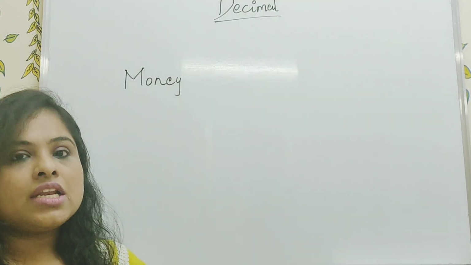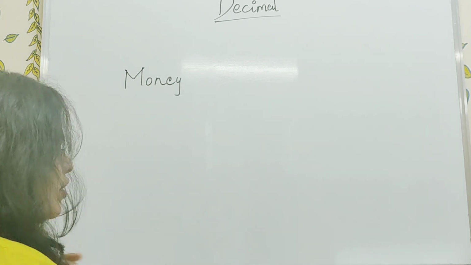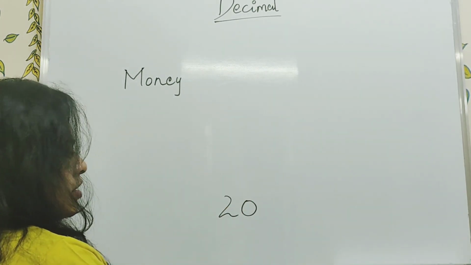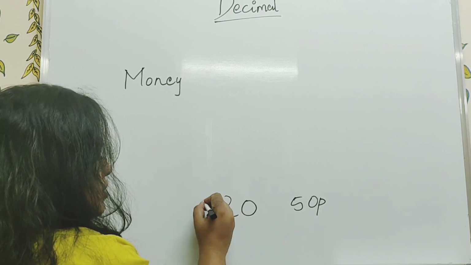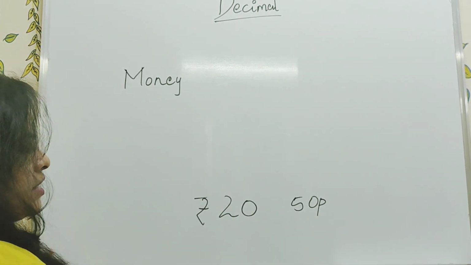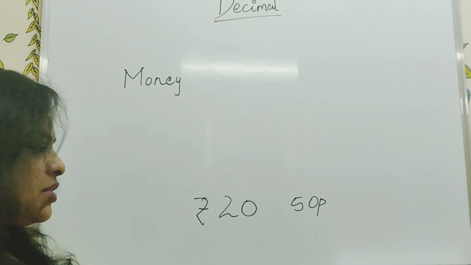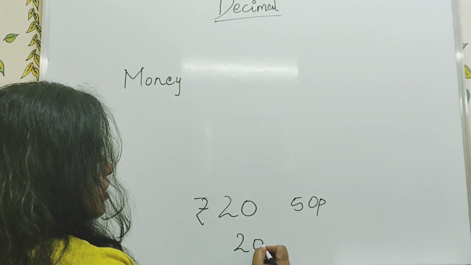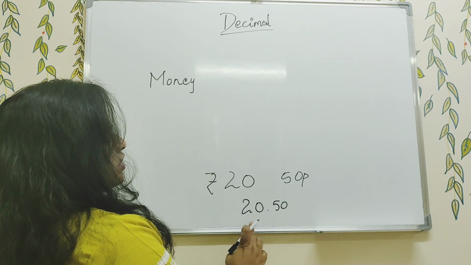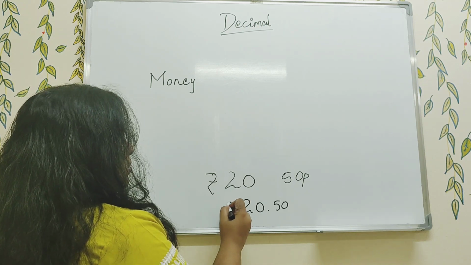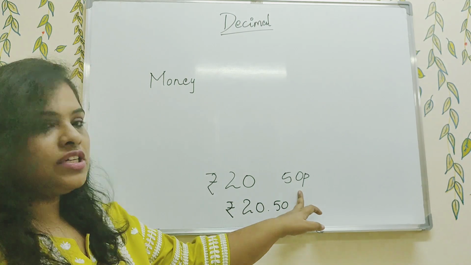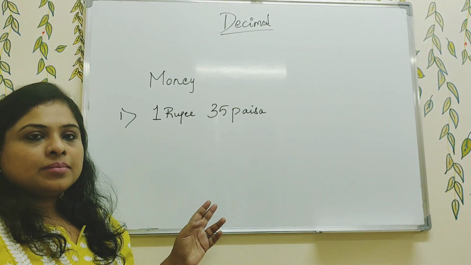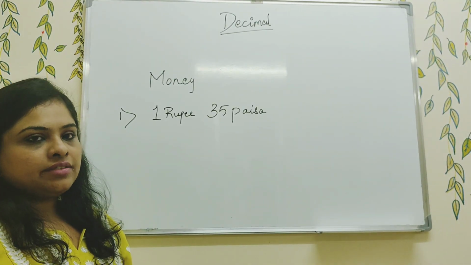Like in the Indian rupee, if you're taking 20 rupees, 50 paisa, so it's always 20 rupees, 50 paisa. How do we convert this into a decimal? Very simple, it is 20.50. We say 20.50 rupees. When we differentiate them, it is 20 rupees 50 paisa. On the board, I have mentioned 1 rupee 35 paisa.